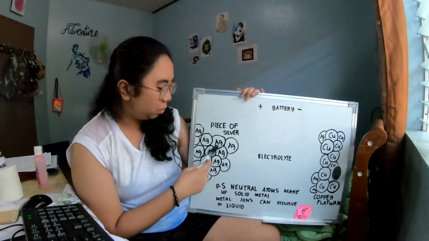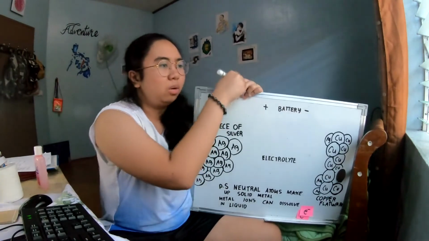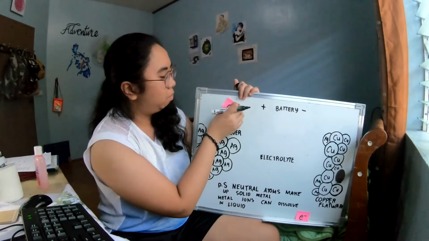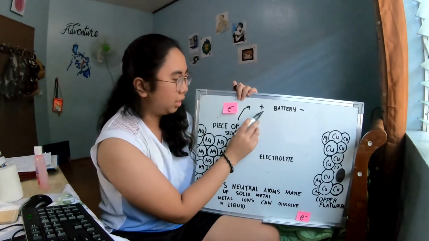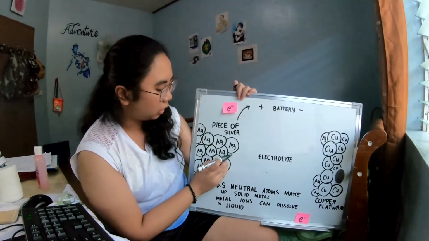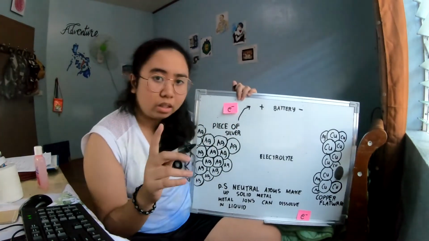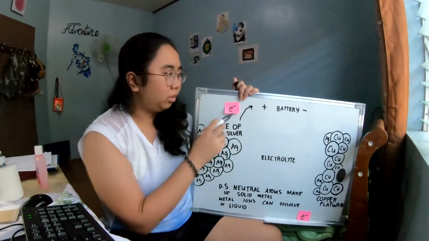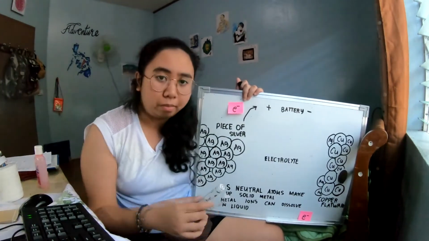This piece of silver has neutral atoms, which is Ag. As I said earlier, electrons are pulled by the battery, because this is the positive side of the battery, and that is where the piece of silver is connected.